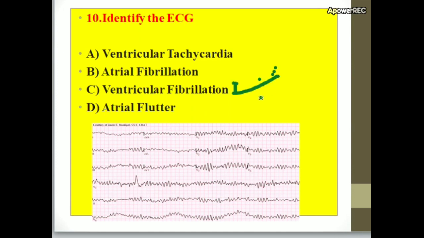Please comment below if anybody has managed a patient with VF in ICU or casualty. Anybody who managed a ventricular fibrillation patient and saved the patient, please comment below. I have a lot of experience managing VF or VT patients.